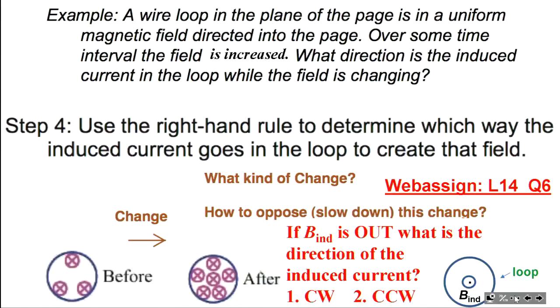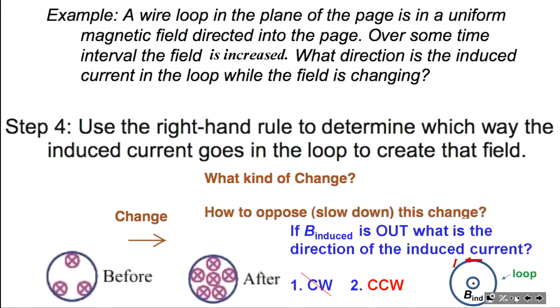So we have to choose between clockwise or counterclockwise. The rule says counterclockwise. That's it. This logic works every time when the magnetic field enclosed inside the loop changes. You will practice, you have similar situations to analyze, problems to solve.